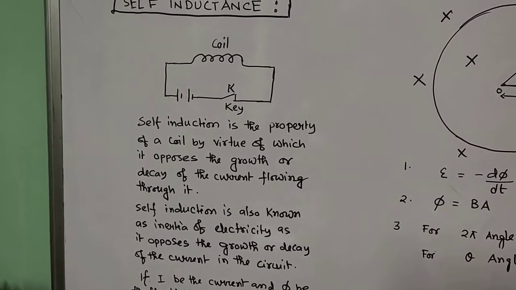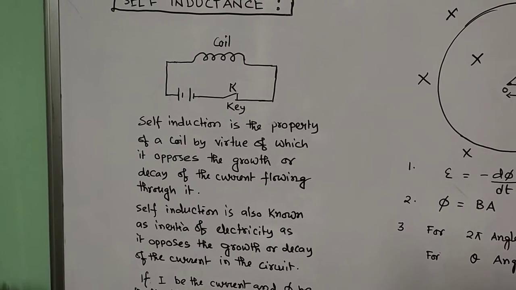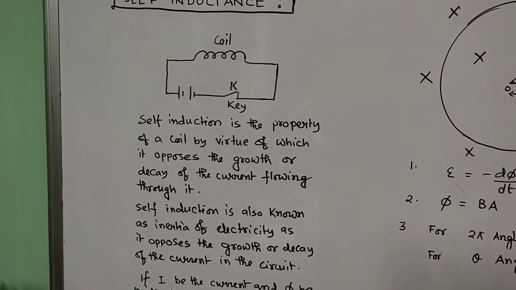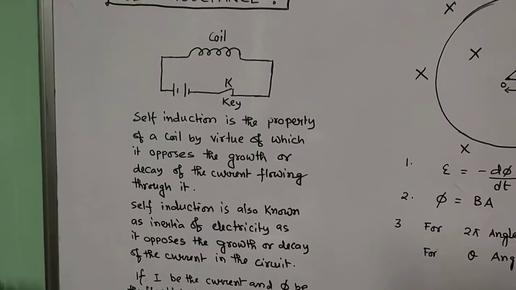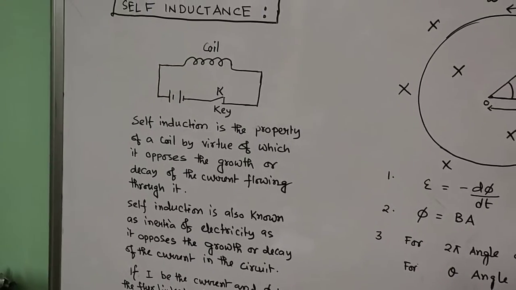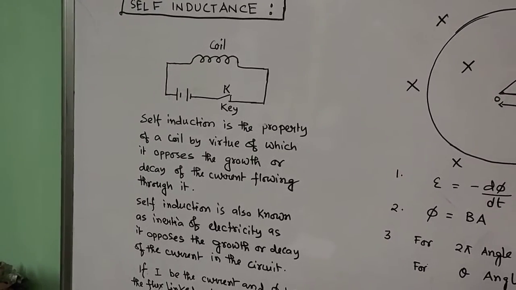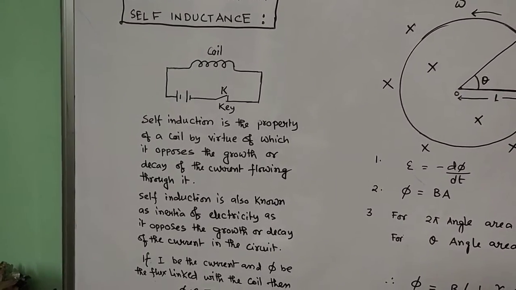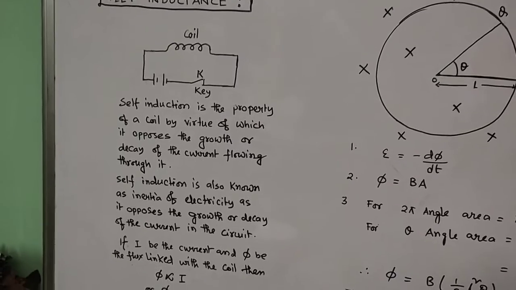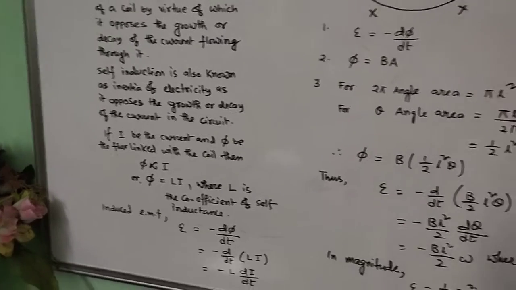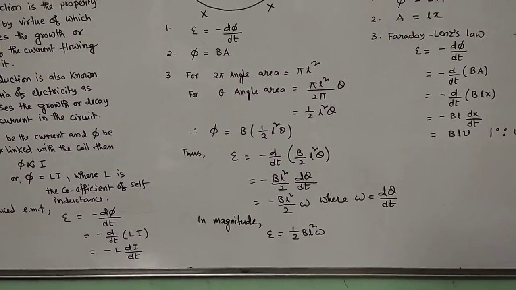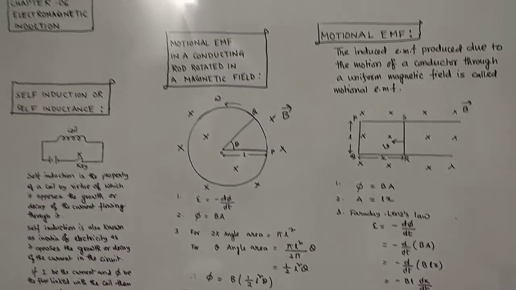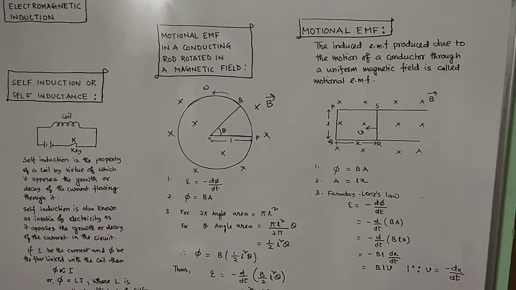So that's why when you open the key, the current takes time to cease, and this property is nothing but self-induction. You can say self-induction is nothing but some kind of electrical inertia. So this is all about it. Please go through this topic and try to find out your doubts. Thank you.